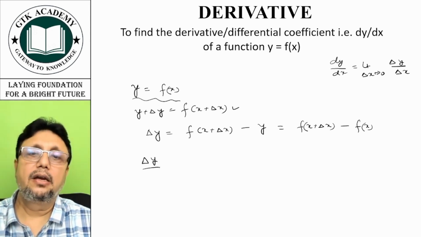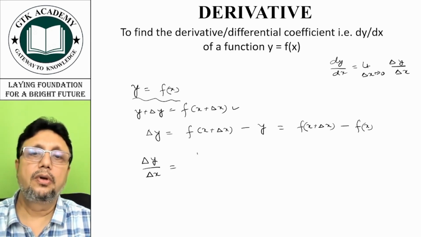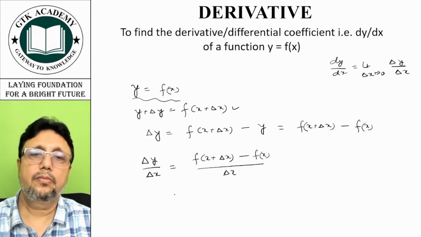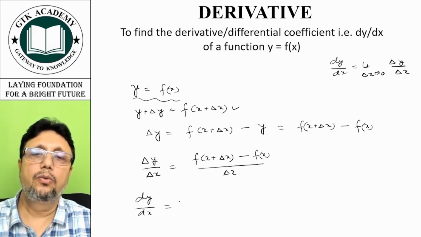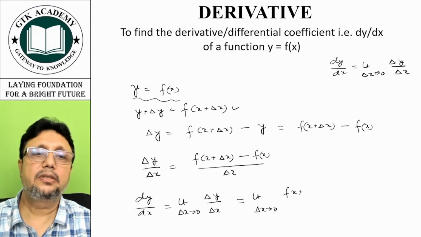So delta y upon delta x is equal to f(x plus delta x) minus f(x) upon delta x. dy by dx is equal to limit delta x tending to 0 of delta y upon delta x, which is equal to limit delta x tending to 0 of f(x plus delta x) minus f(x) upon delta x.